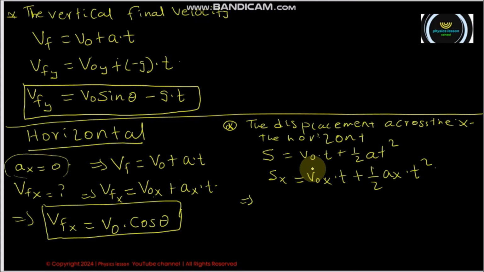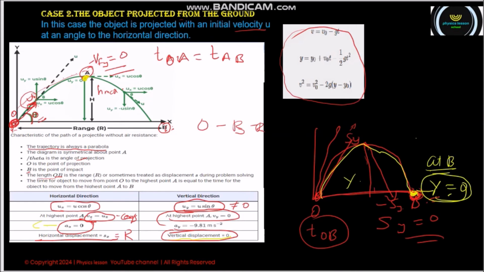We simplify: displacement across the x will equal v naught x, meaning v naught times cos theta times t, plus 1 over 2 times ax. Ax is equal to 0. We already defined acceleration across the x. This is already 0.